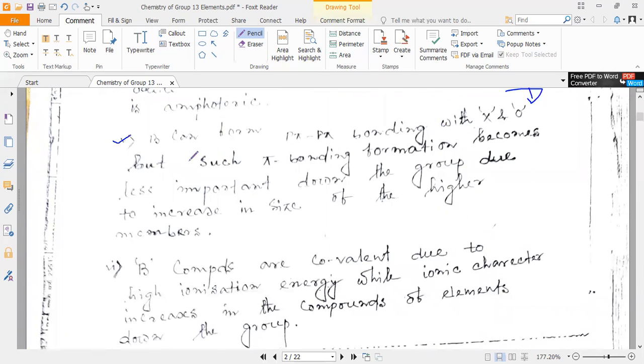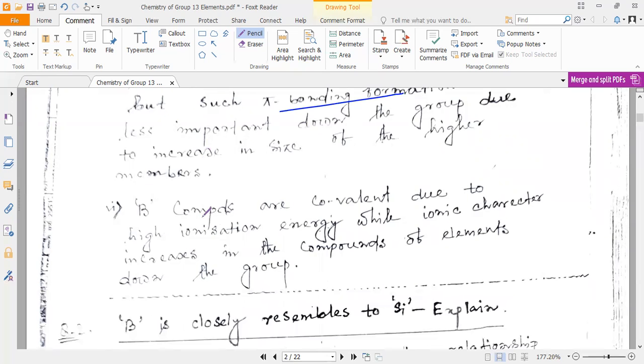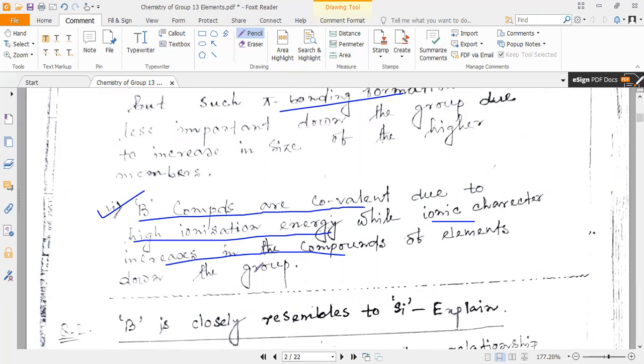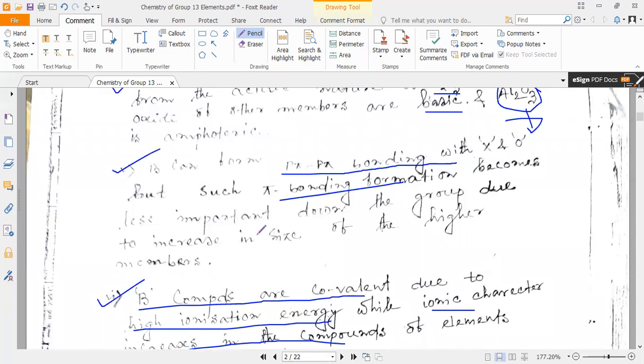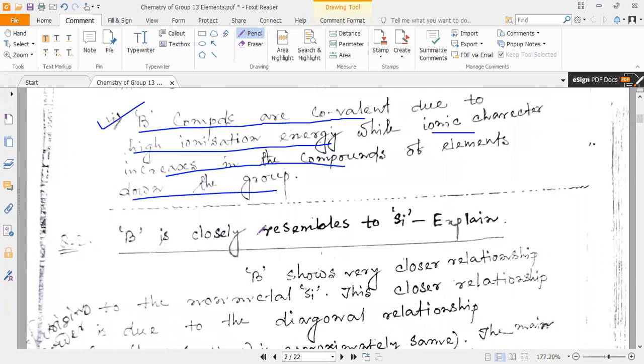The next point is that boron can form pi back bonding with halides as well as oxygen, but such pi bonding becomes less important down the group due to the increase in the size of the higher members. The last point is that boron compounds are covalent due to high ionization energy, while ionic character increases in the compounds of the elements down the group. That's why boron is quite different from the rest of the elements.